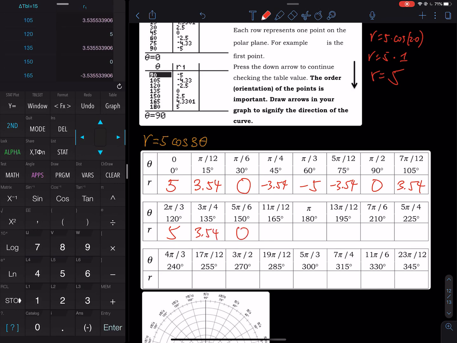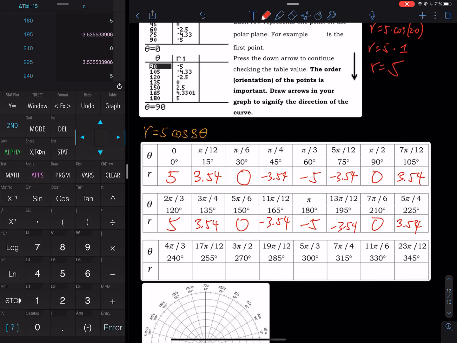165, negative 3.54. Negative 5, negative 3.54, 0. So it looks like it's circulating in a pattern. If you use 3.53, that is not going to change the whole picture, but I want to be more accurate. 5, and then a 3.54.